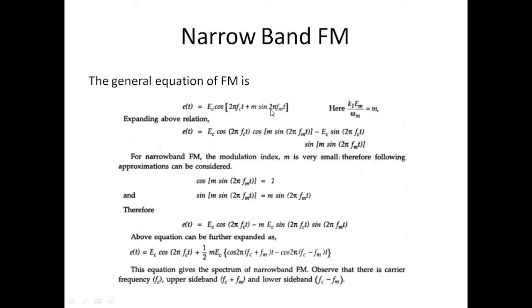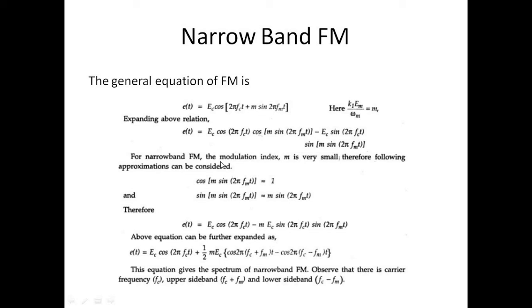This is like cos of a plus b, so cos a cos b minus sin a sin b. In the case of narrowband FM, the modulation index is very small. So if theta is small, cos theta equal to 1 and sin theta equal to theta. In this case, cos of m sin 2 pi fmt equal to 1 and sin of m sin 2 pi fmt equal to m sin 2 pi fmt.